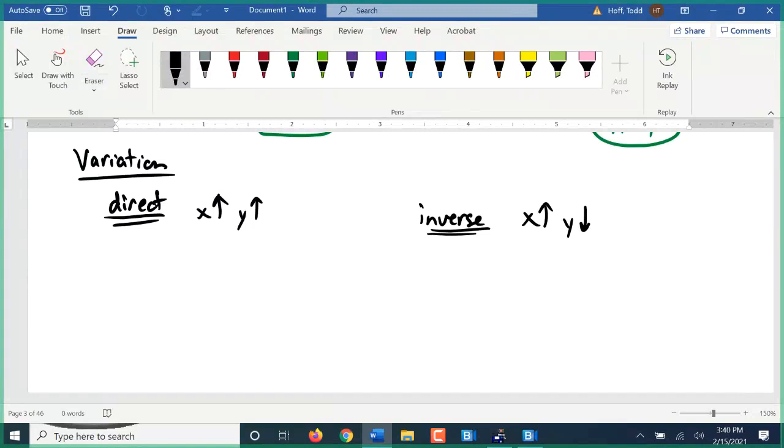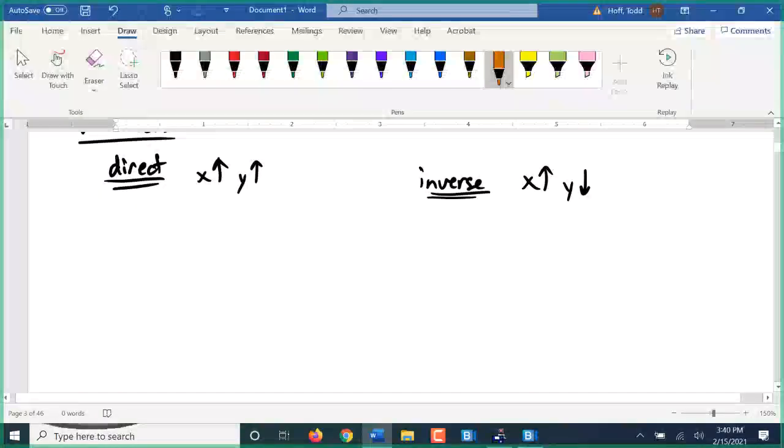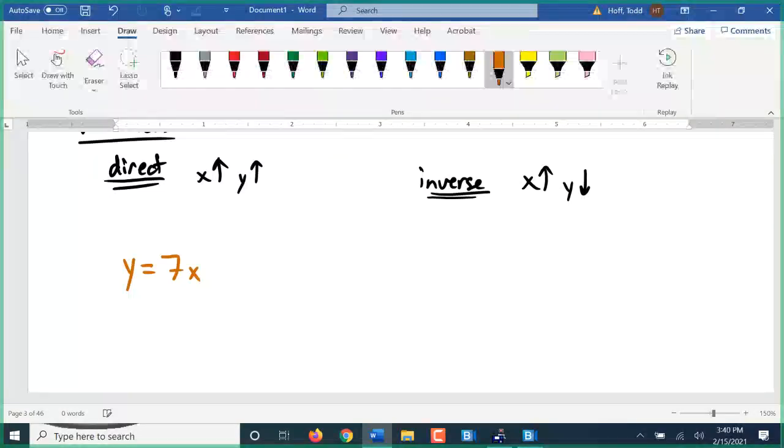So, if I have y equals 7x, if x gets bigger, does y get bigger or smaller? Bigger. X gets bigger, y gets bigger, that is correct.